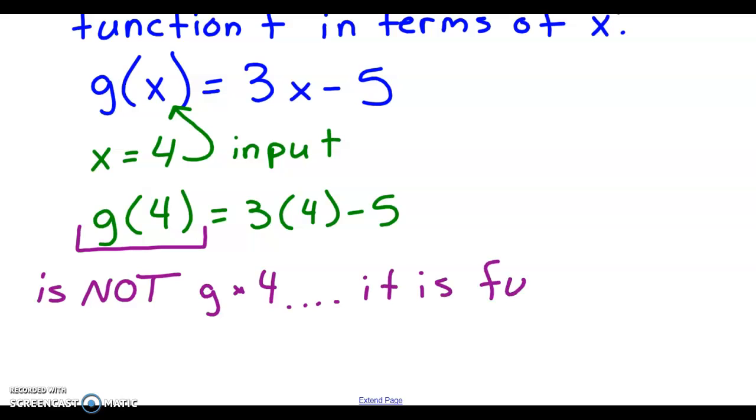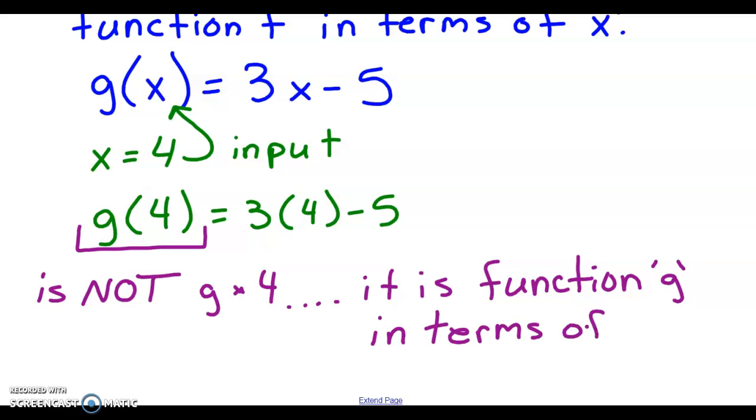It is function g in terms of 4. So we're plugging 4 in as our input.